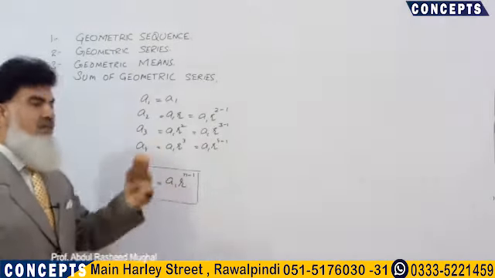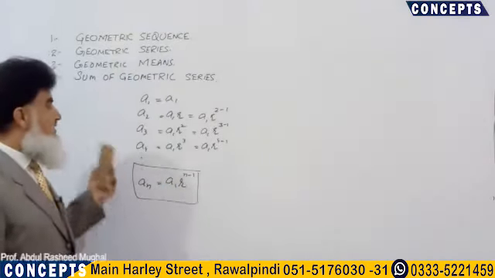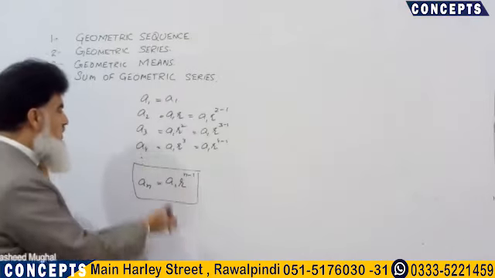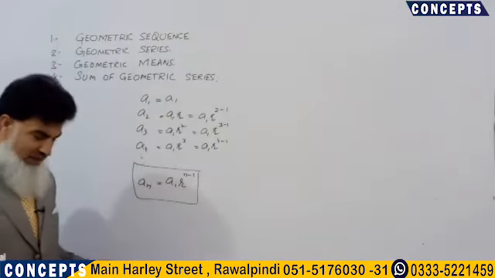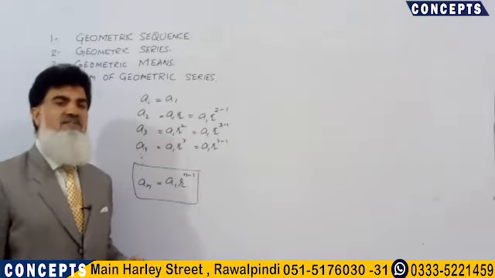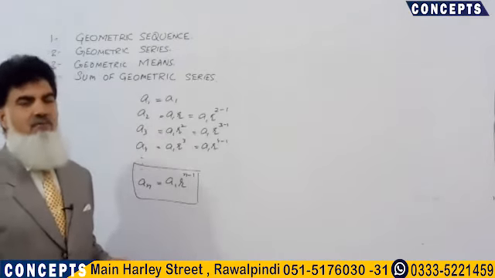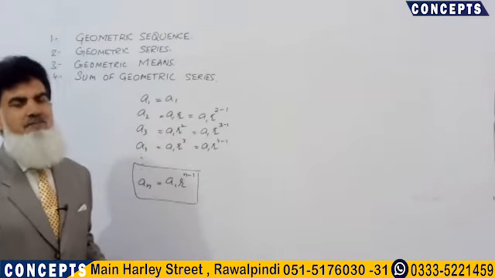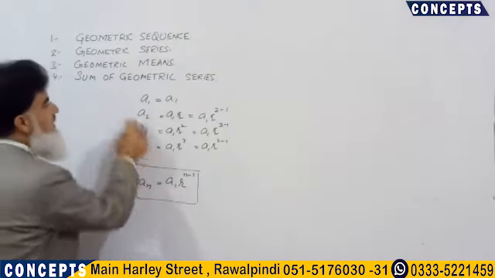We shall get 3 raised to 99 as the 100th term of the geometric sequence. So this is the formula with the help of which we can find out any term of the geometric sequence, provided we know the first term, the common ratio and the number of the term.